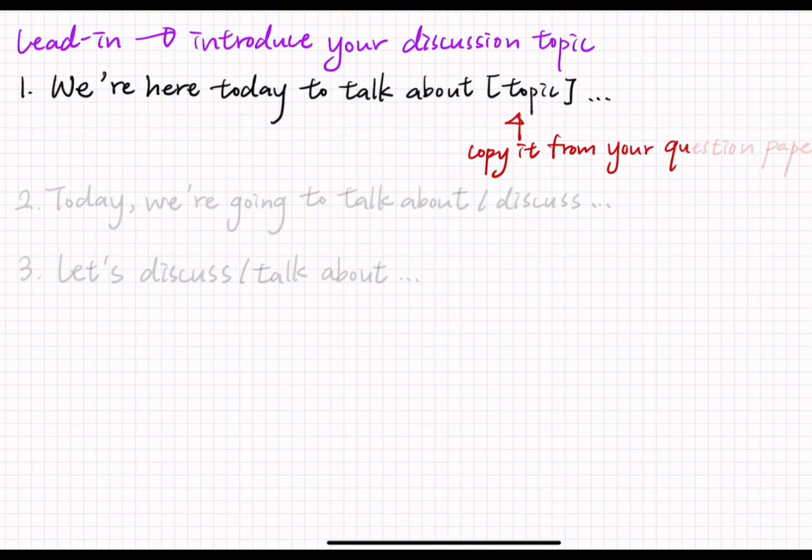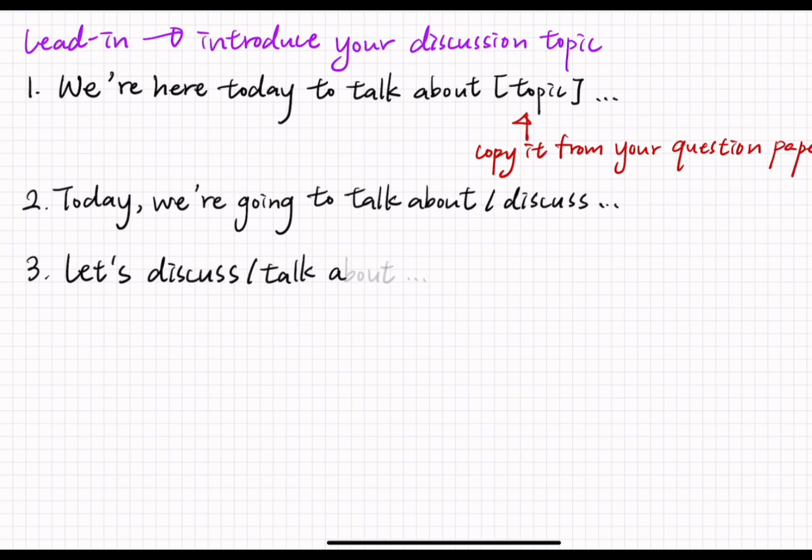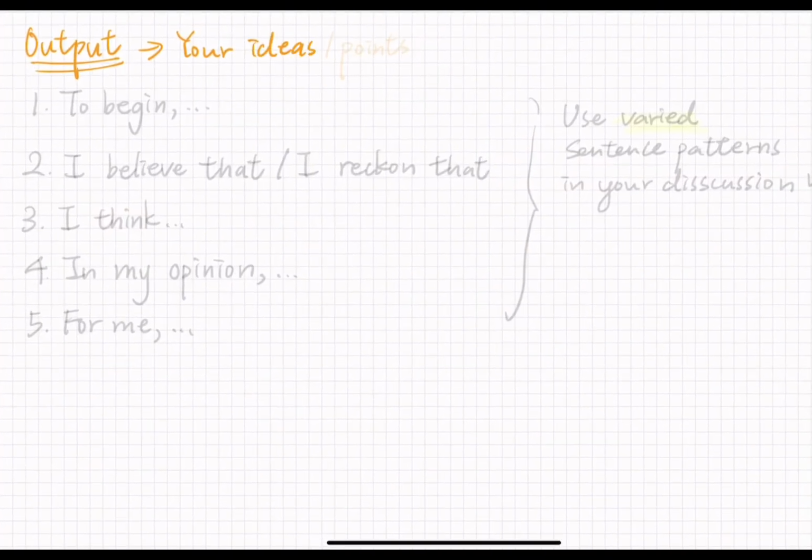We can just directly copy it from our question paper in part A. And second, we may introduce our discussion topic by saying, today we are going to talk about or discuss the topic. Finally, we may say, let's discuss or talk about the topic.